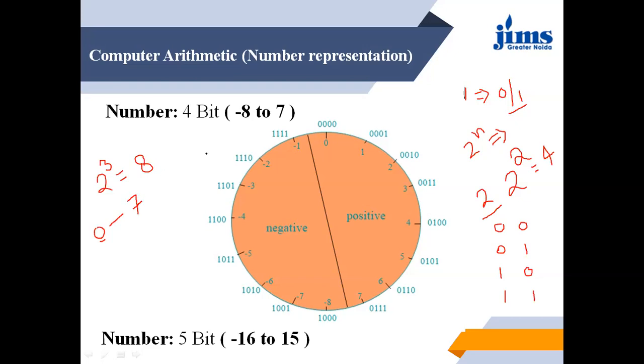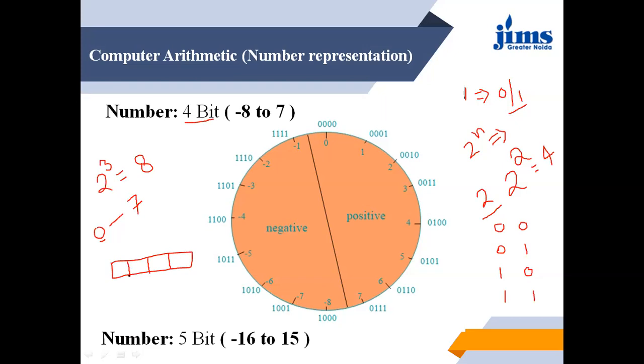We are taking the example of a 4-bit number to understand the concept of arithmetic operation as well as overflow.